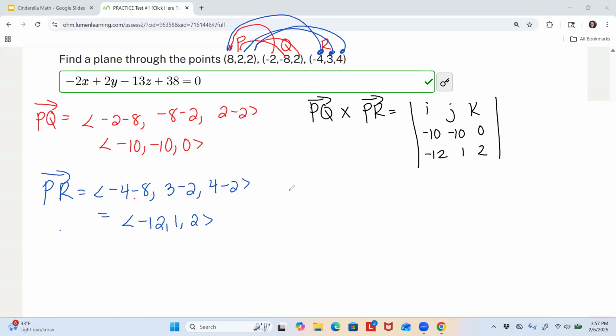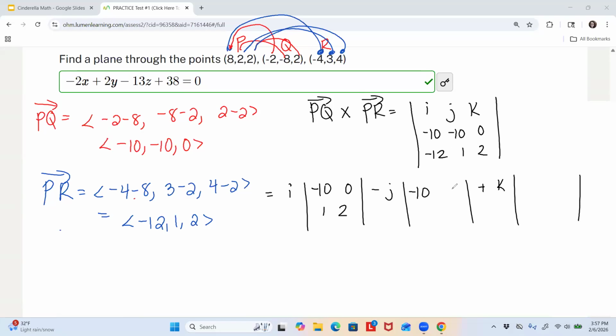Okay, so again, it's I something something minus j something something plus k something something. When you cross out the I row and column, you would be left with negative 10, 0, 1, 2. When you cross out the j row and column, you would be left with negative 10, 0, negative 12, 2. And when you cross out the k row and column, you'd be left with negative 10, negative 10, negative 12, 1.